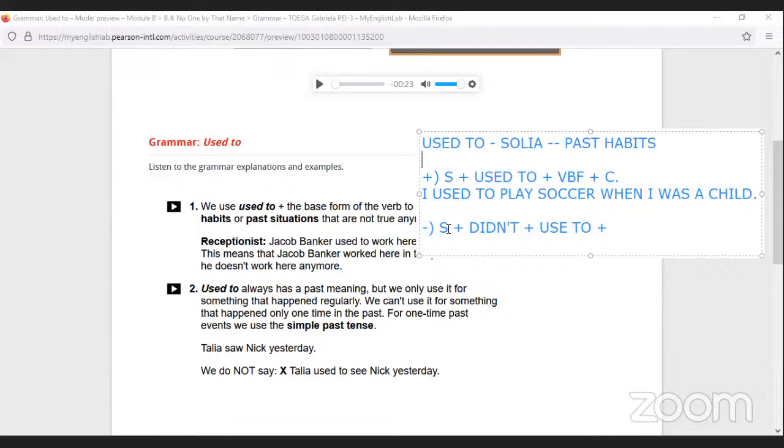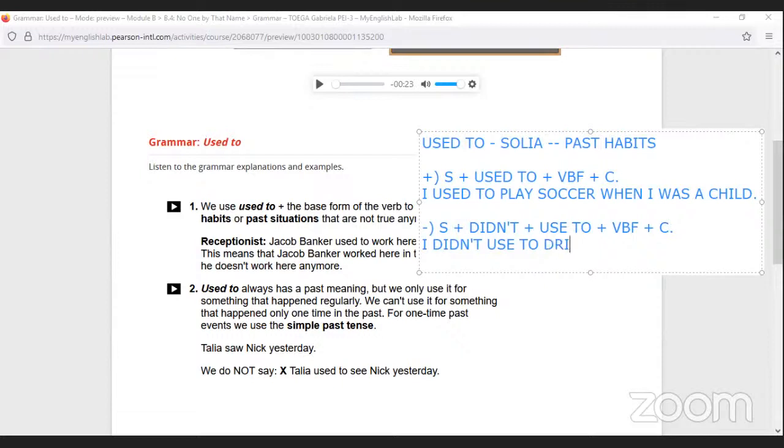So what we can say, for example, here the verb in base form, to, and the complement. One action that in the past I didn't do. For example, I didn't use to... I don't know, what could we put?